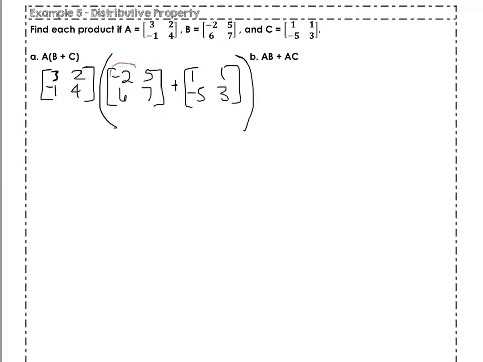So first off on the inside, we have negative 2 plus 1. That's going to get me negative 1. Next, we have 6 plus negative 5 getting me 1. And then we have 7 plus 3 getting me 10.